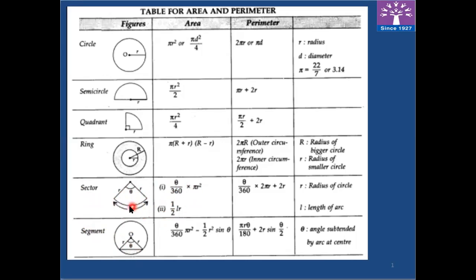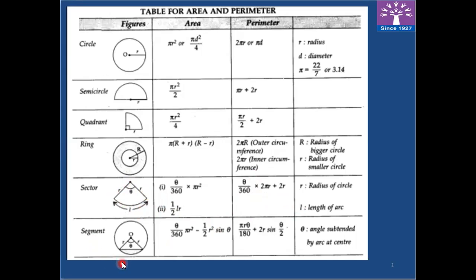If we consider the perimeter, then this arc length will be theta by 360 into 2 pi r. It means pi r theta by 180. This length L plus 2r gives the perimeter.